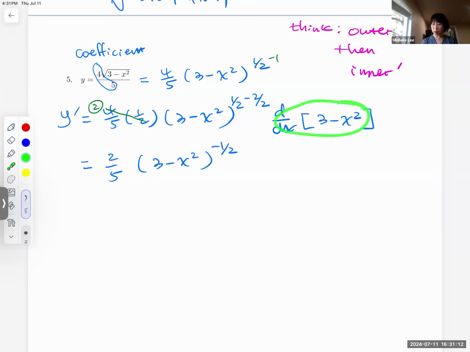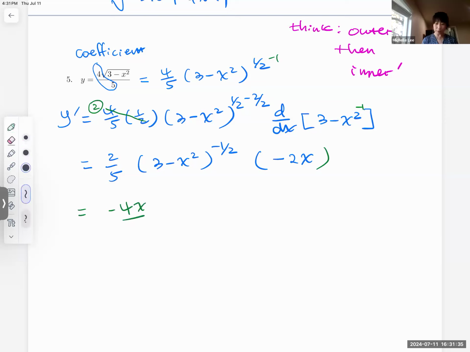Then derivative of what was inside. So we get, first term is 0. Second term is negative. Drop the power, reduce by 1. So we have 1, right? So then we get negative 4x over 5.